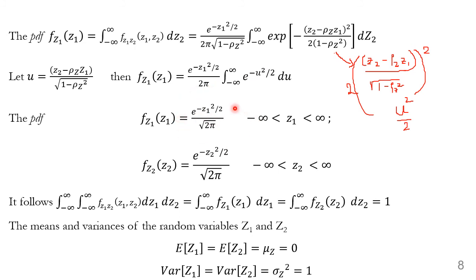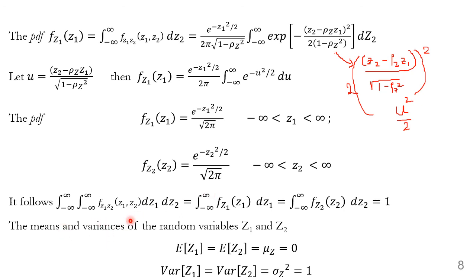So when we simplify this, we get e to the power minus z1 square by 2 divided by root 2 pi. Similarly, we get f z2 of z2 is given by e to the power minus z2 square by 2 divided by root 2 pi.